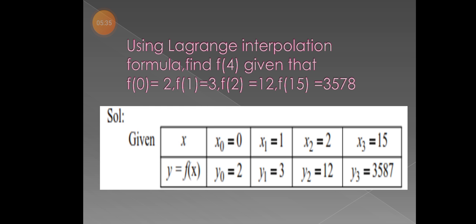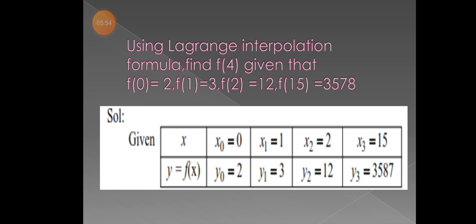First, what you have to do here is take x0 equal to 0, x1 equal to 1, x2 equal to 2, and x3 equal to 15. And we know that y equal to f of x, which is a function.